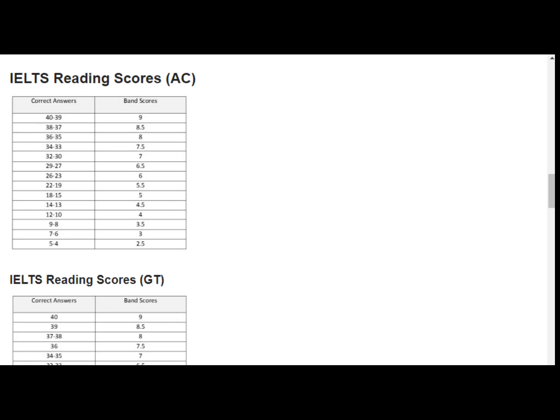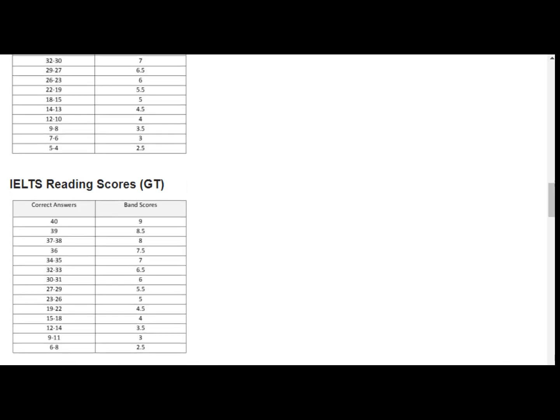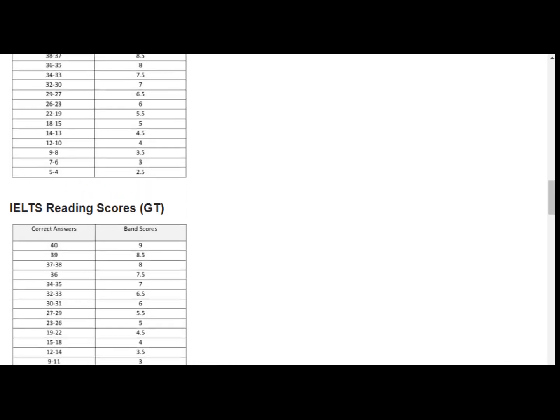However, if you get anything between 30 and 31, you get a band 6 in GT. If you get 32 to 33, you get a band 6.5 in GT. So for you to get a band 7 in GT, you have to get a minimum of 34, whereas in academic, you need a minimum of 30 to get a band 7.